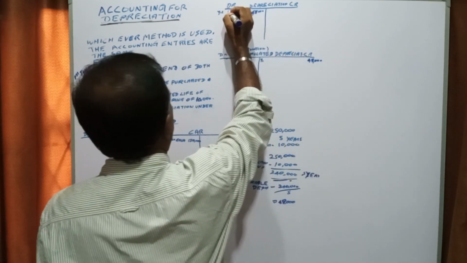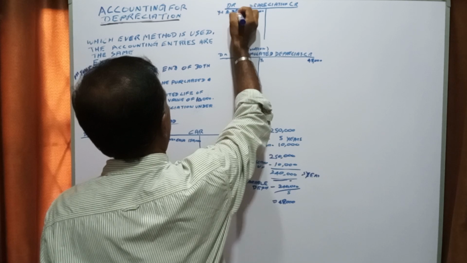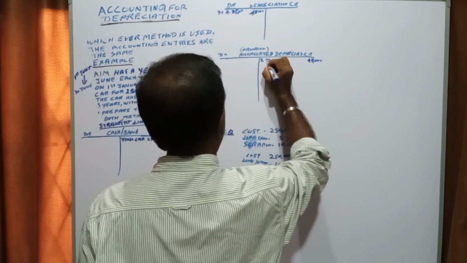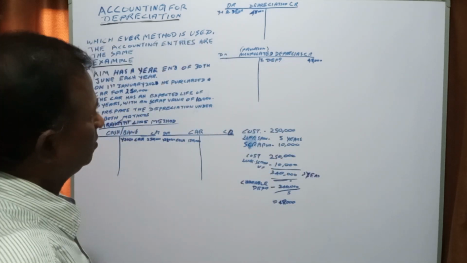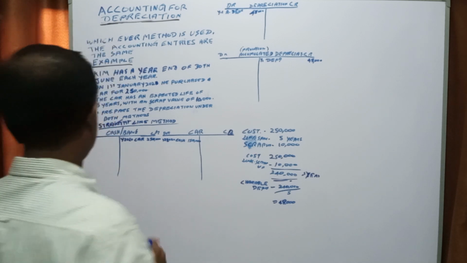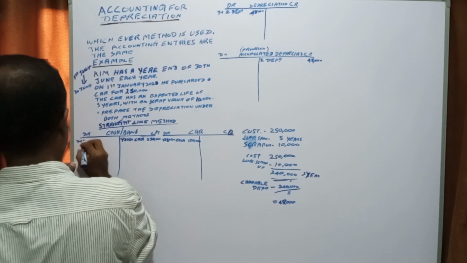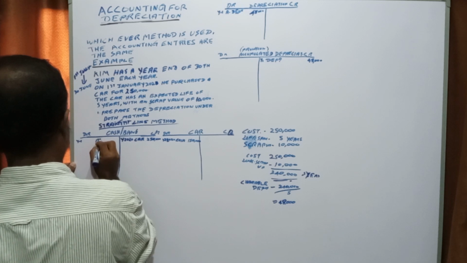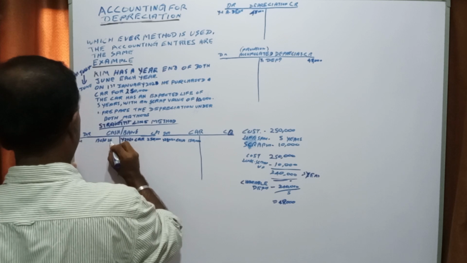Here you will say depreciation, 48,000. So you have to balance the account. Year 1 balance carried down 250,000.